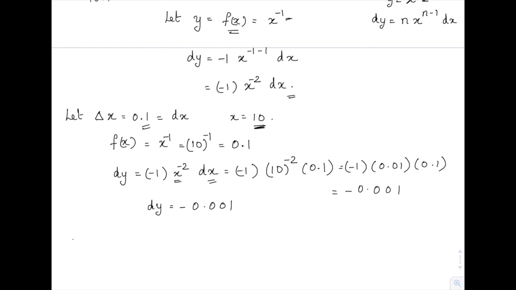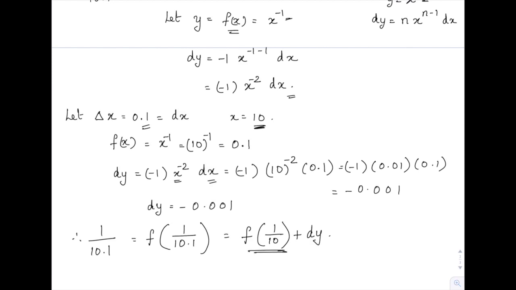Therefore 1 by 10.1 is equal to f of 1 by 10.1, which is equal to f of 1 by 10 plus dy.